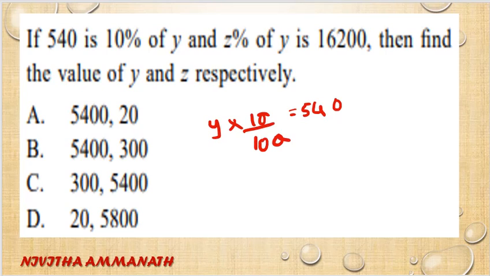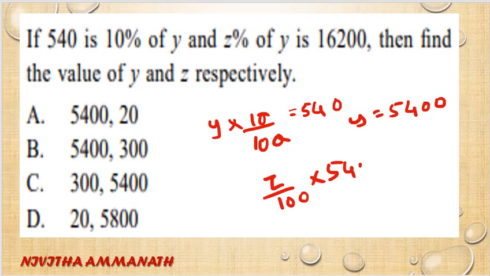So we have y equal to 5,400. So only two options here. Then z percentage of y, that is z by 100 of y, is 5,400, that's equal to 16,200. So we have to find z.